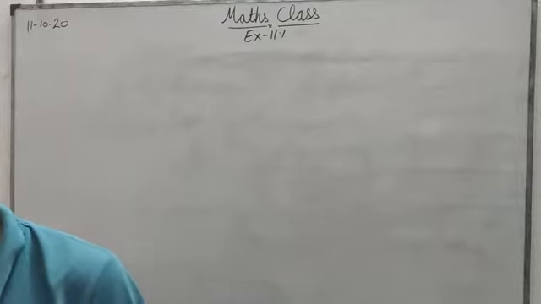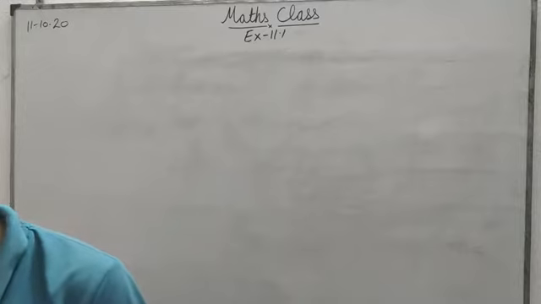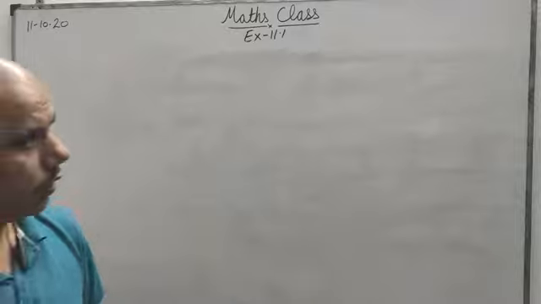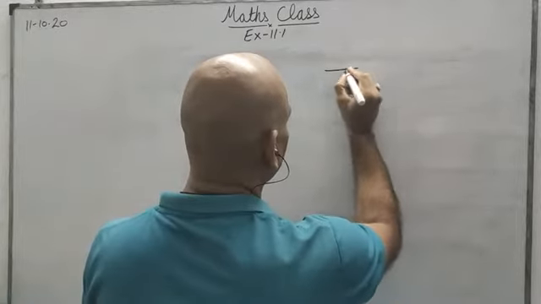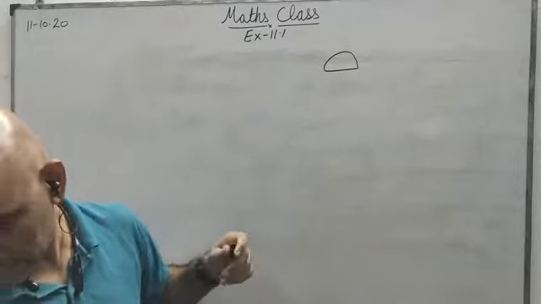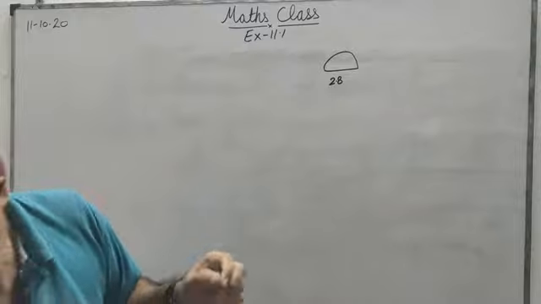For which food piece would the ant have to take a longer round? Remember, the circumference of a circle can be obtained by using the expression C equals 2 pi r, where r is the radius. So the first food piece is semicircular and its diameter is 2.8 centimeter.